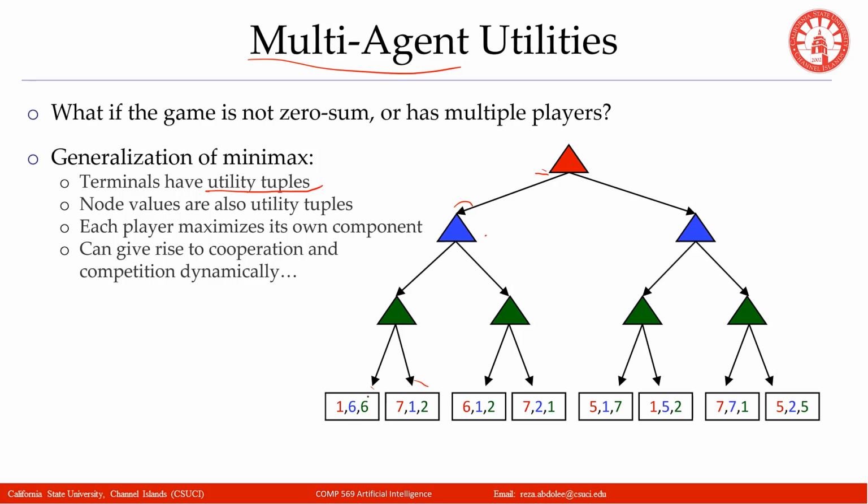For example, in this branch, the green player is going to choose this terminal. As you can see, the tuple is 1, 6, 6. And you see that the utility for the blue player is also maximized, but the green player doesn't care about that as long as it gets its own maximum value.